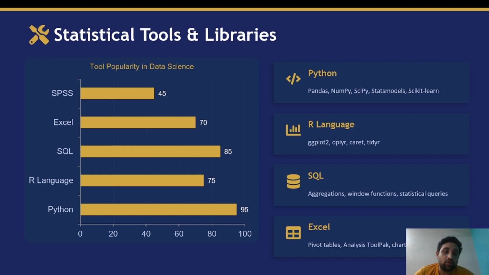R is another powerful language known for statistical analysis and visualization, especially with packages like ggplot2. SQL is essential for querying and analyzing data stored in databases, while Excel is widely used for quick analysis with pivot tables and built-in tools. The choice of tool depends on the complexity of the task and the scale of data.